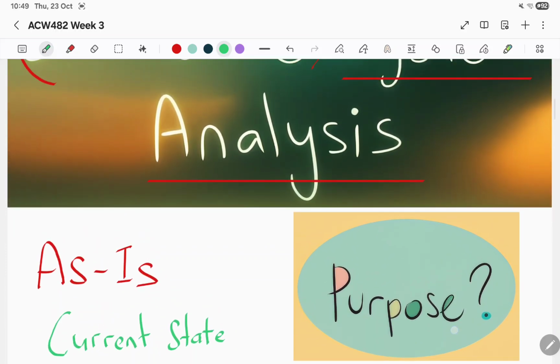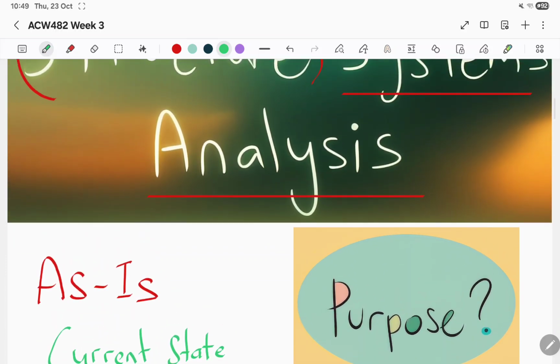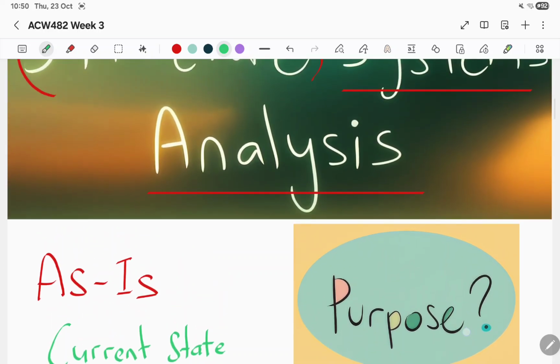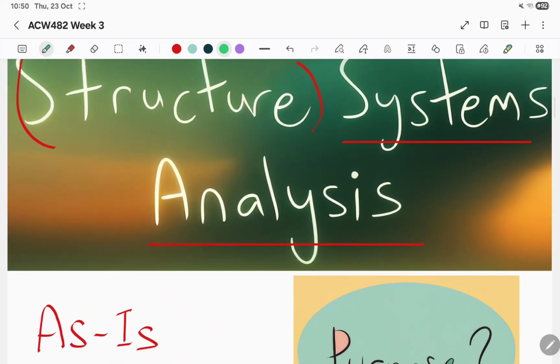So before we move into this, there will be three major parts that I will be looking at in this structured system analysis. First is the how. Second would be the risk gap assessment, how we link that to the current state of the system.